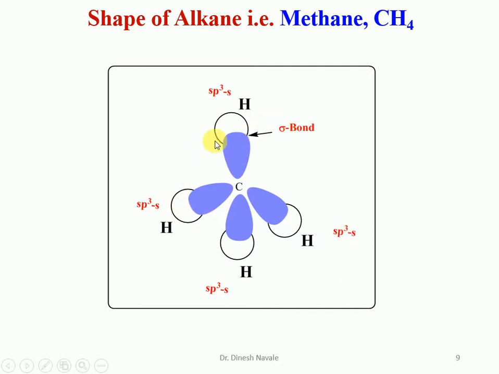This is the tetrahedral geometry of the methane molecule, and we have represented the formation of all four CH bonds by sp3 and s orbital mixing.